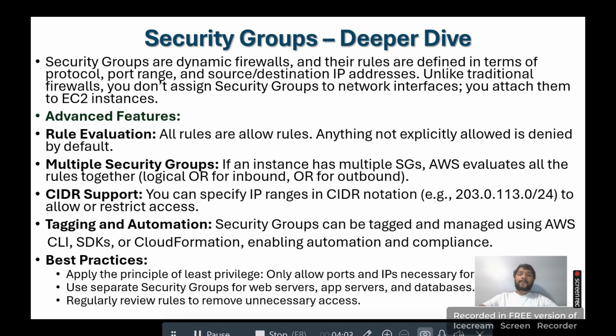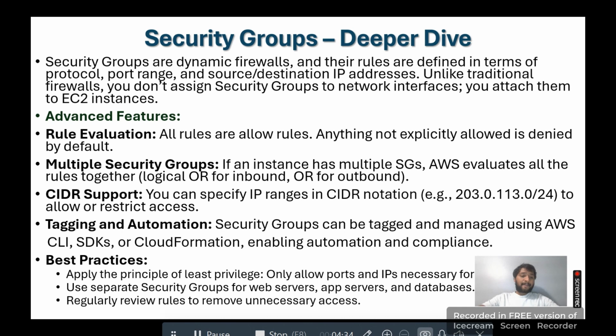Multiple security groups: if an instance has multiple security groups, AWS evaluates all the rules together. CIDR support: you can specify IP ranges in CIDR notation. Tagging and automation: security groups can be tagged and managed using the AWS CLI, SDKs, or CloudFormation, enabling automation and compliance.